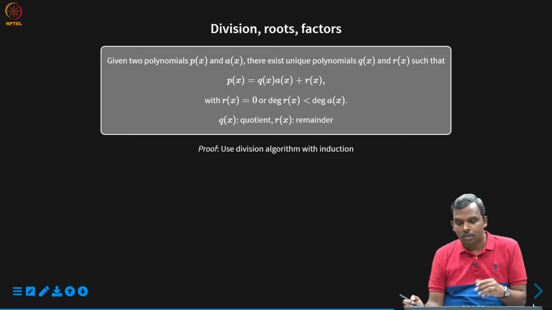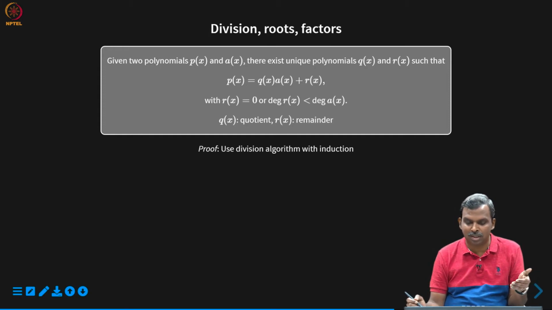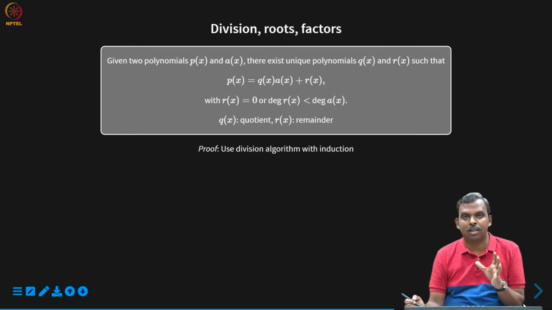To prove it, the existence of q of x and r of x is easy, you can just use the division algorithm. For the uniqueness, maybe you have to work a little bit more, but it is not too bad. I am skipping the proof because it plainly uses the division algorithm. You can go back, write down the division algorithm and you can see that it will work out. Uniqueness, maybe it is not clear to you, but it is unique, there is no problem here.